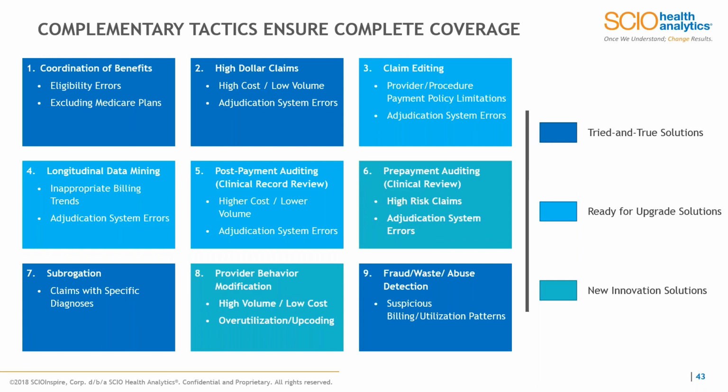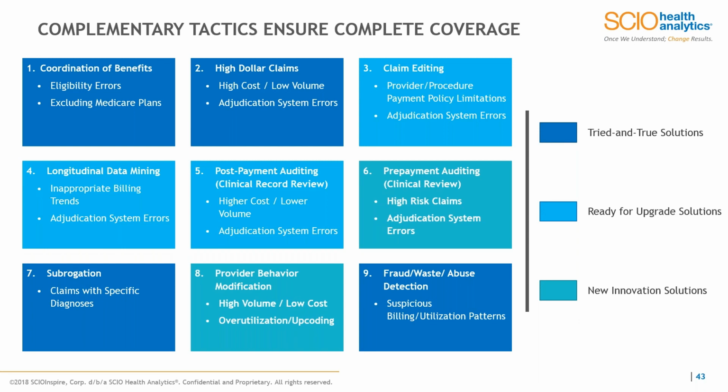As we've learned today, each one targets different opportunities, and a collection of programs and approaches and solutions is best to maximize the overall effectiveness of the payment integrity and cost containment strategy. The chart reviews what we've covered today and suggests an order for plans to consider. It's based on opportunity, level of effort, program maturity, and time to implement.